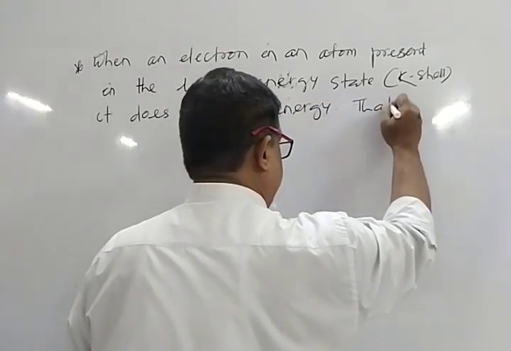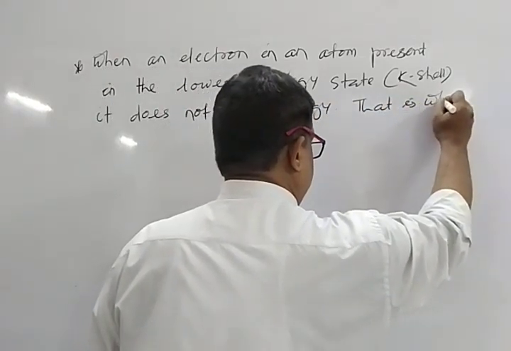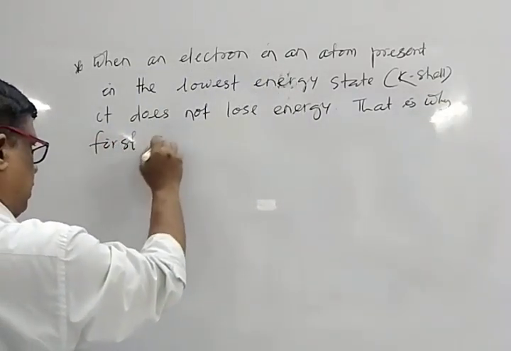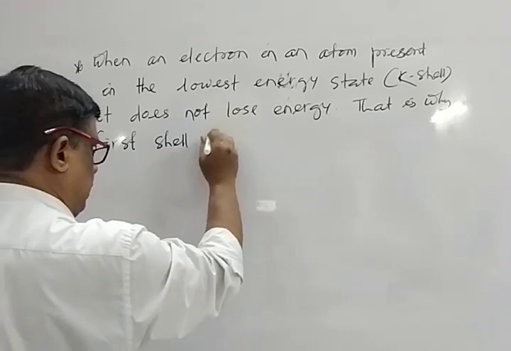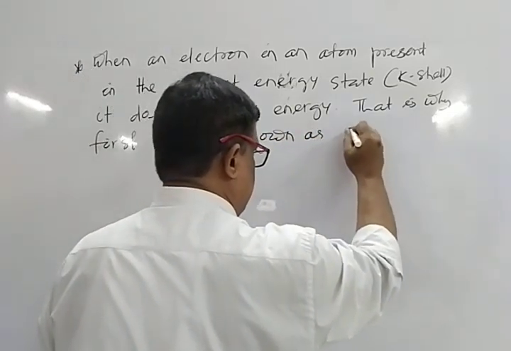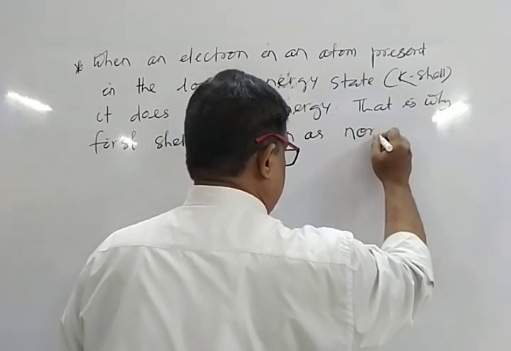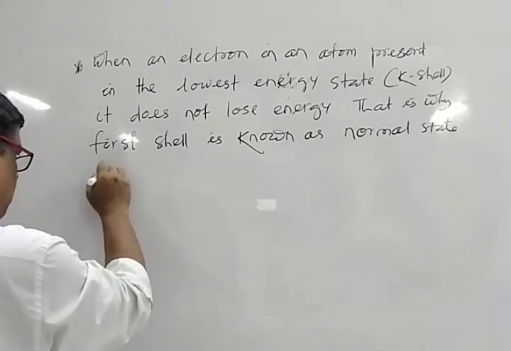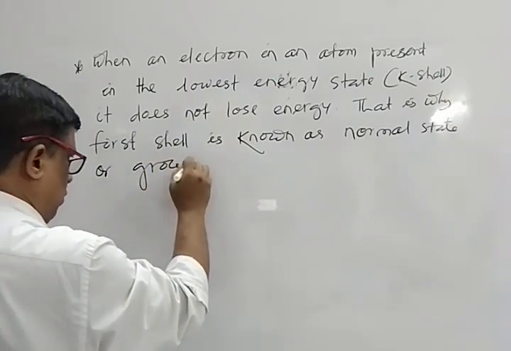That's why the first shell or K shell is known as the normal state or ground state.